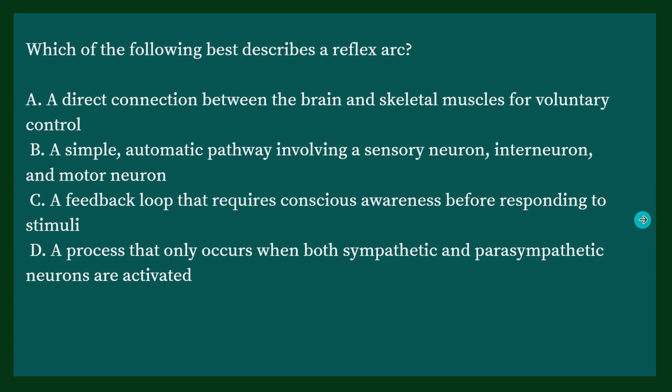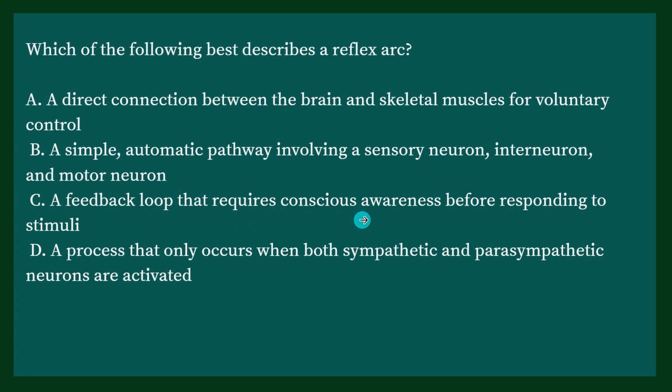Last question. Which of the following best describes a reflex arc? Remember, reflexes happen in the spinal cord. A, direct connection between the brain and skeletal muscles for voluntary control. No. B, a simple automatic pathway involving a sensory neuron, an interneuron, and a motor neuron. That looks good.